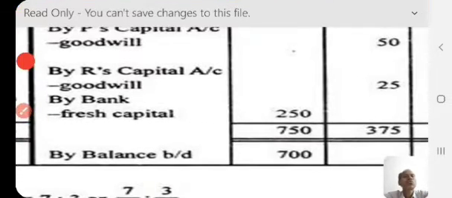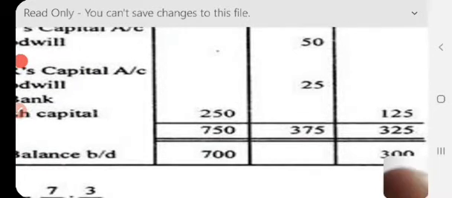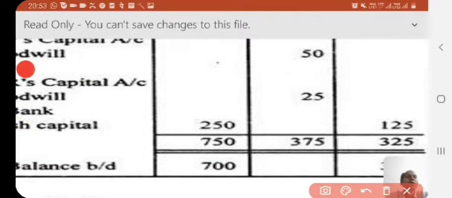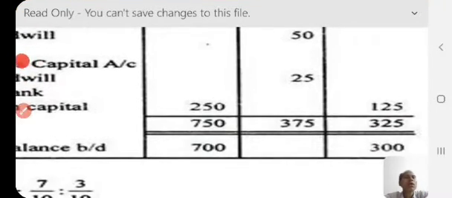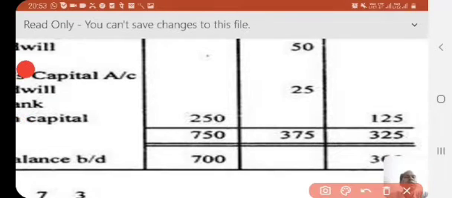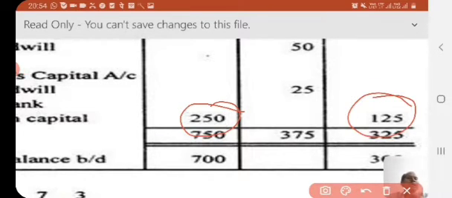So to maintain the capital balances of 700,000 and 300,000, P and R have to bring the cash of 250 and 125 respectively.